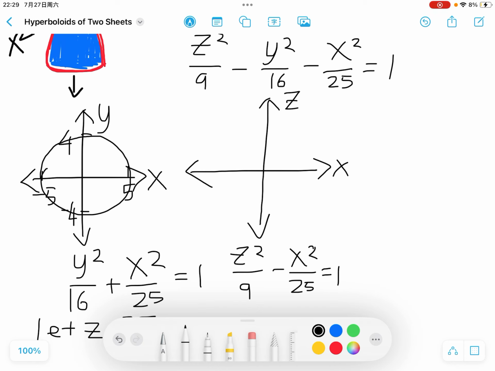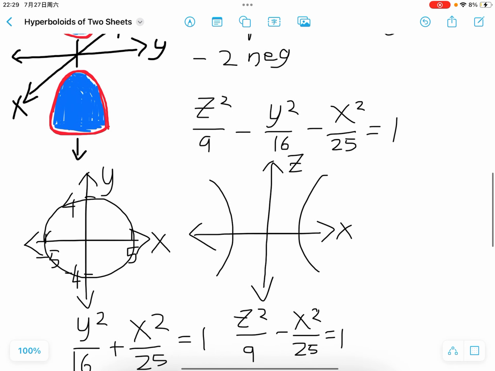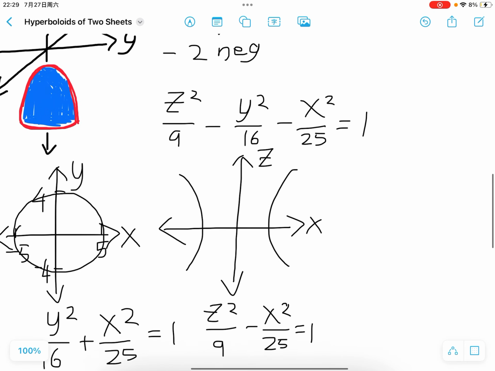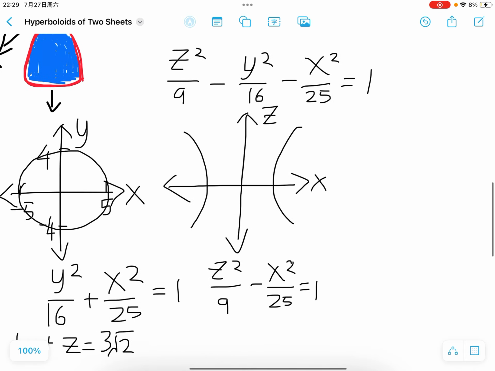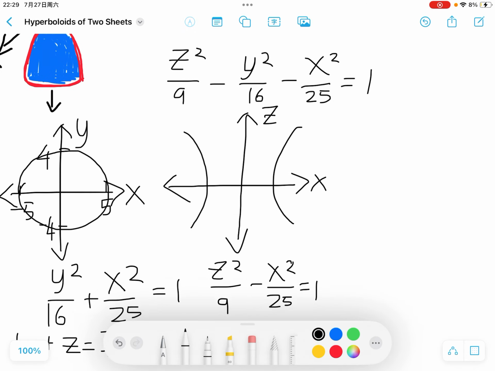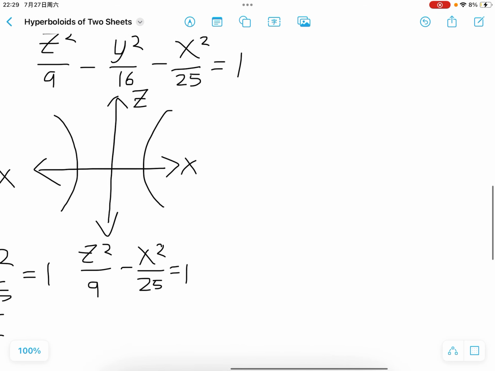So therefore we have a hyperbola here, and it's approximately something like this. So that's our approximate hyperbola. Yeah, we have Z squared over 9 minus X squared over 25, that makes sense.